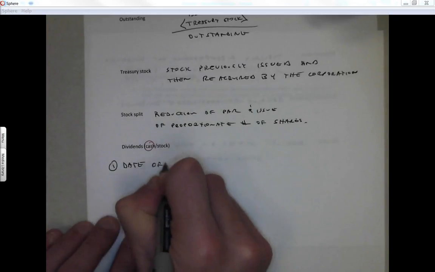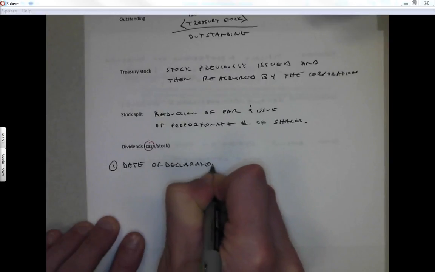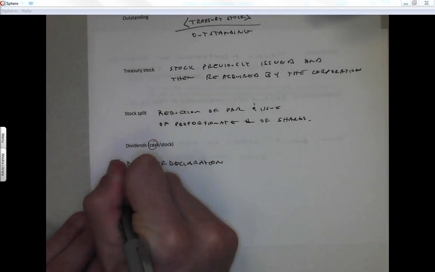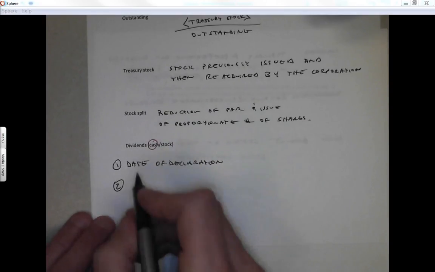The first important date is the date of declaration. This is the date that the board officially says we're going to declare a dividend, and they're going to tell you how much, and a couple other things, and those will relate to these other dates. So the next is the date of record.